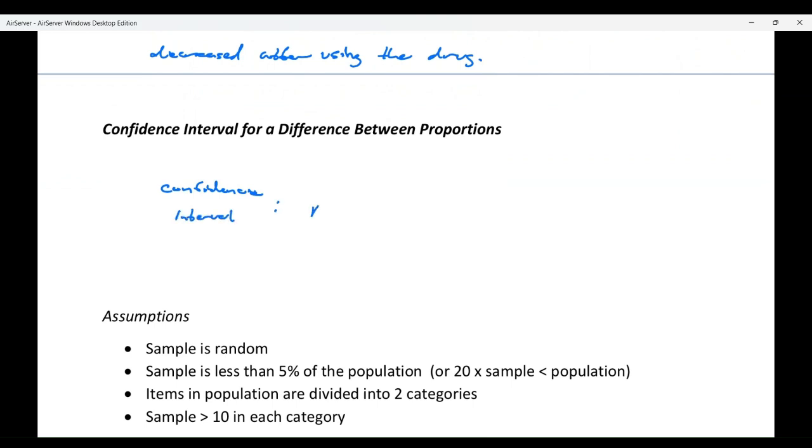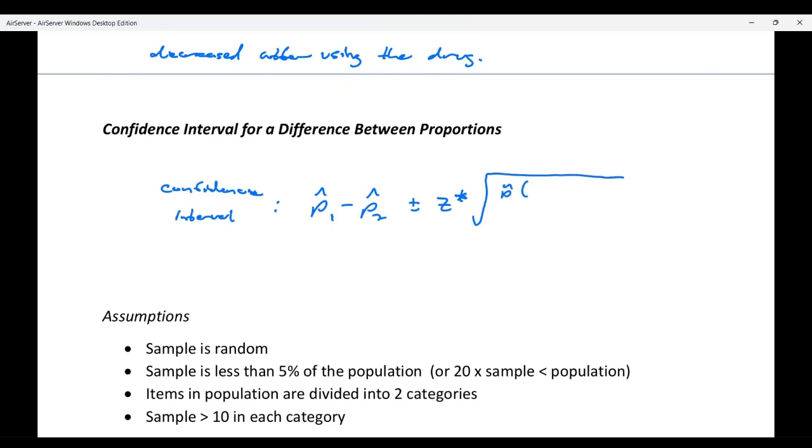We're going to take the difference in proportions, so P1 minus P2, plus or minus Z. Proportions will pretty much always use Z. Means will pretty much always use T, unless you know your standard deviation for the population. And frankly, that's pretty rare.